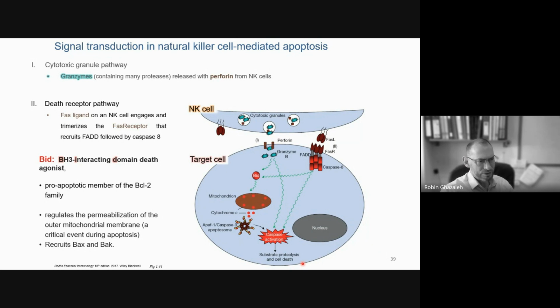We finished off the last lecture looking at the extrinsic and intrinsic pathways of apoptosis, and apoptosis is central to many aspects of our physiology. In the fetal stage, we require apoptosis for our development in the mother's womb.